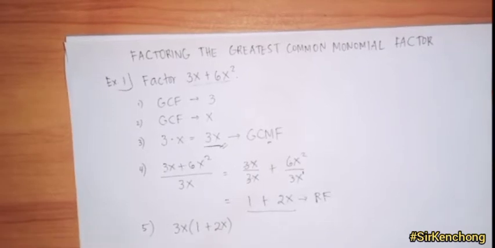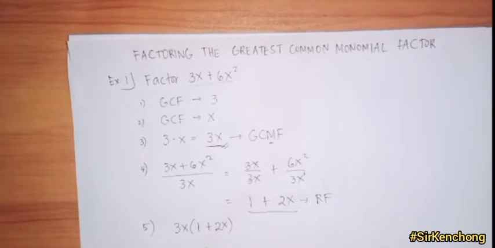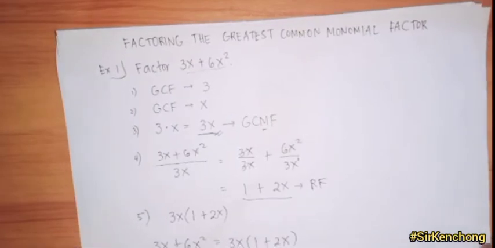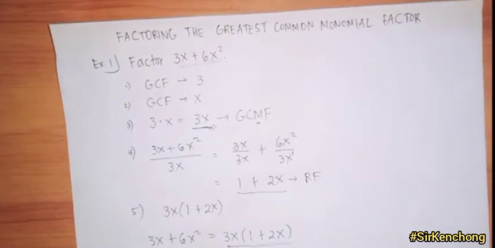Therefore, 3x plus 6x squared is equal to 3x times the quantity 1 plus 2x. Ito na ngayon yung complete factored form of our polynomial. How do we know if this is checked? Simple lang. Pwede natin i-multiply. So, i-multiply natin tong GCMF natin with this remaining factor. Dapat ang sagot ay yung original polynomial.